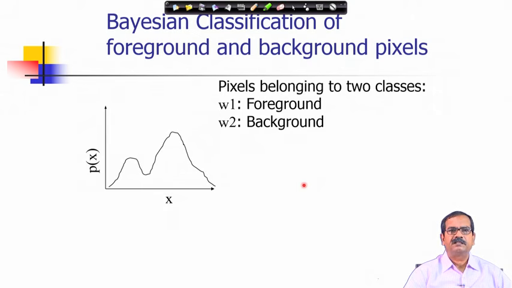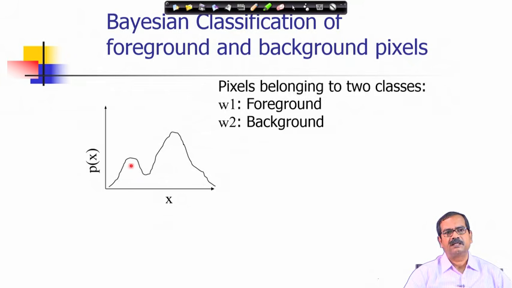One of the techniques that I would be discussing here is the Bayesian classification of foreground and background pixels of a particular image. In this case, we consider that the histogram of the image is a bimodal histogram. A schematic diagram is shown here.